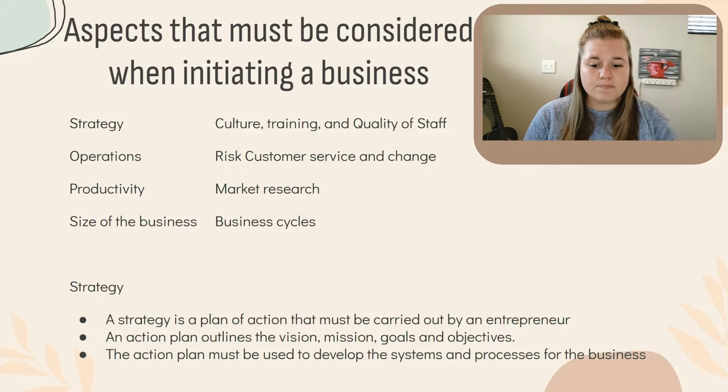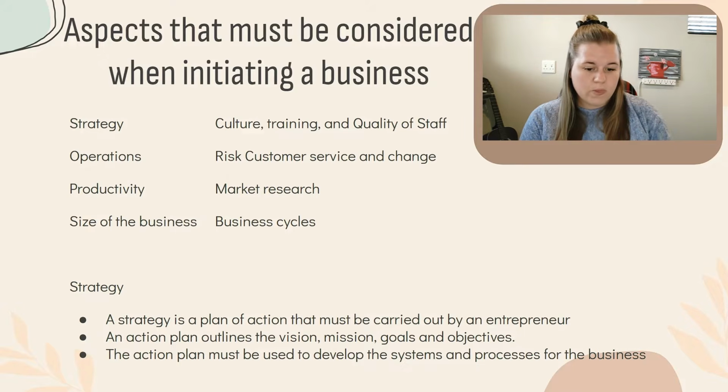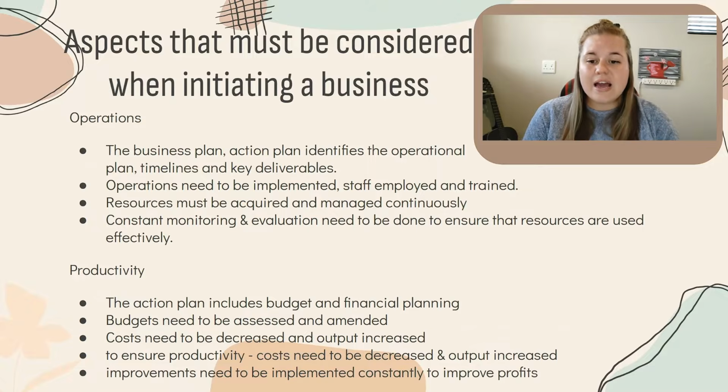So, strategy. A strategy is a plan of action that must be carried out by an entrepreneur. An action plan outlines the vision, mission, goals, and objectives. The action plan must be used to develop the systems and processes for the business. Then continuing, operations.